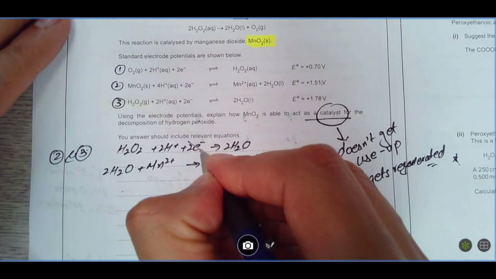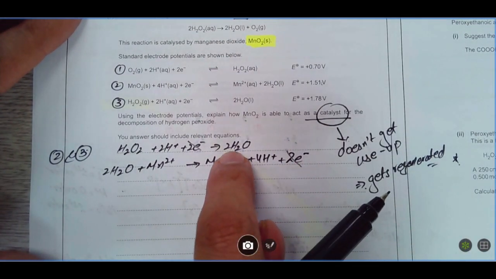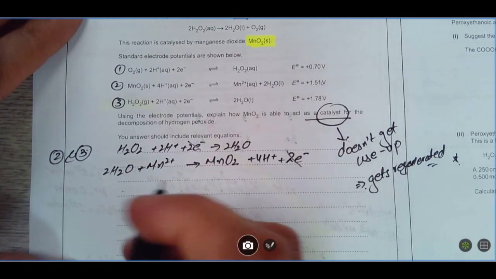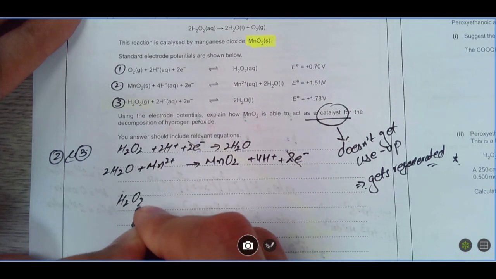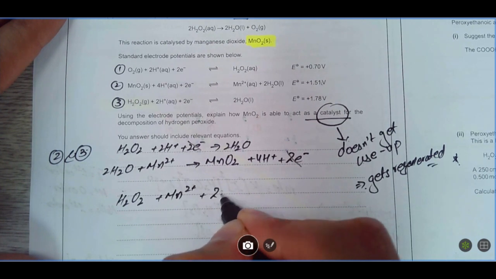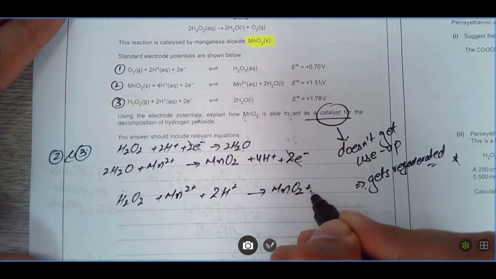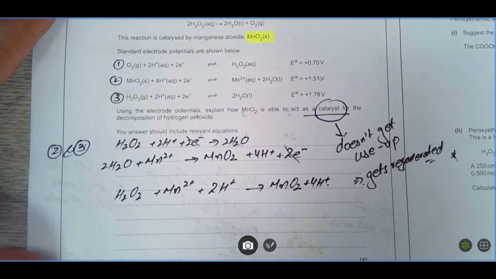So this and this will cancel out, and these will also cancel out. So it will be H2O2 plus Mn2 positive plus 2H positive giving me MnO2 plus 4H positive. Are we happy with that?